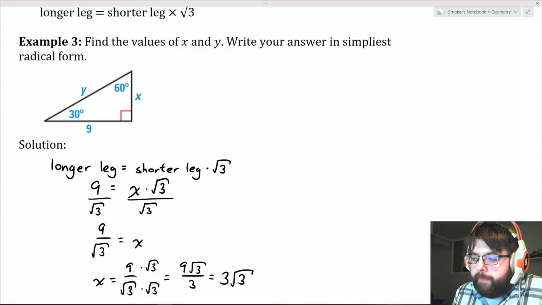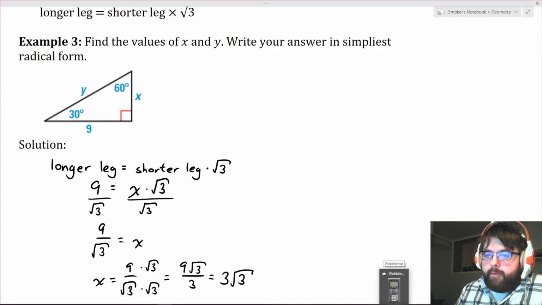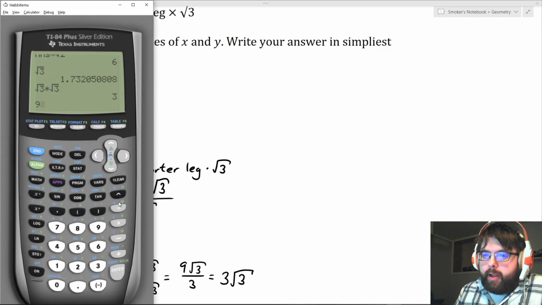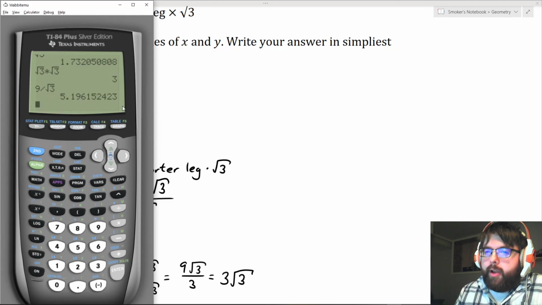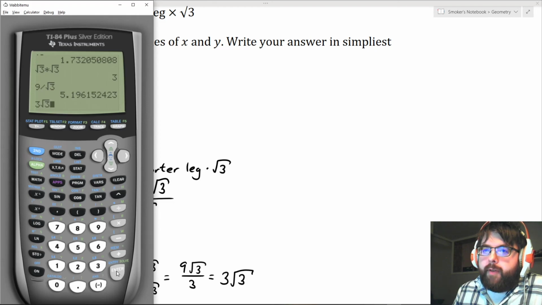radical form. So just to go back, if I did 9 divided by root 3 in the calculator, because let's say this problem allowed decimals, and you could just write that down in a different scenario, 5.196. That decimal value will be equivalent to the simplest radical form that we just found of that value.